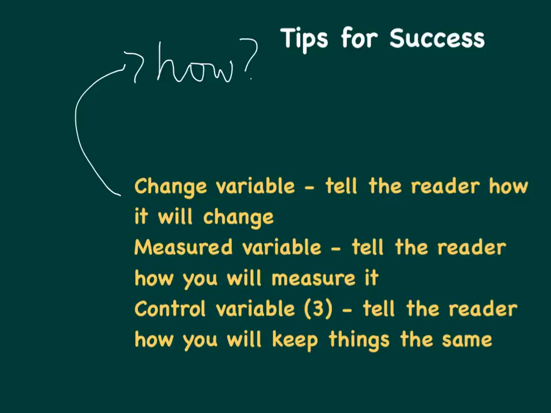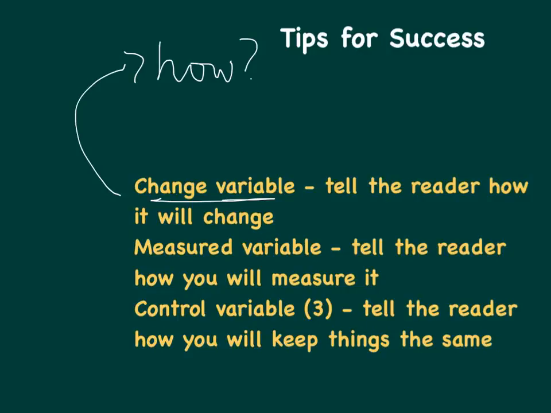For example, if I choose to change time, am I doing it every minute? If I'm changing mass, am I going to measure half a gram, then 1 gram, then 1.5 grams? What am I going to do with my changed variable? And this is important to tell the reader.